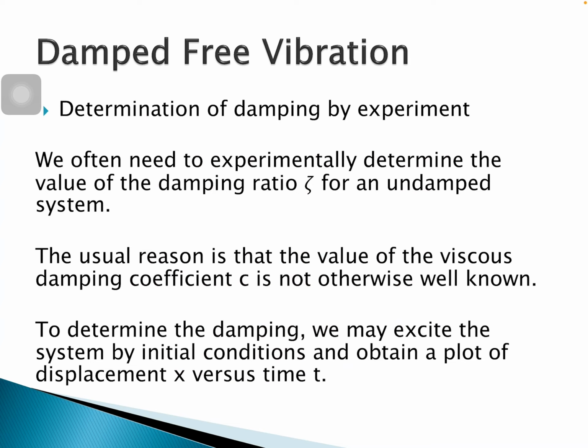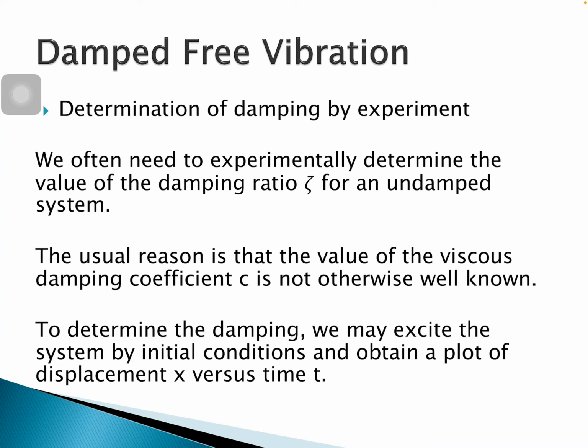We often need to experimentally determine the value of the damping ratio zeta for an undamped system. For an undamped system, of course it will still have some unintentional damping, so we can calculate it. The usual reason is that the value of the viscous damping coefficient C is not otherwise well known.